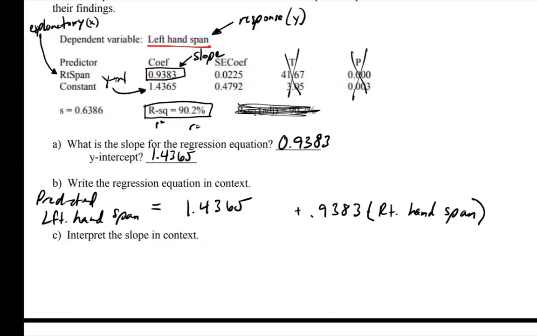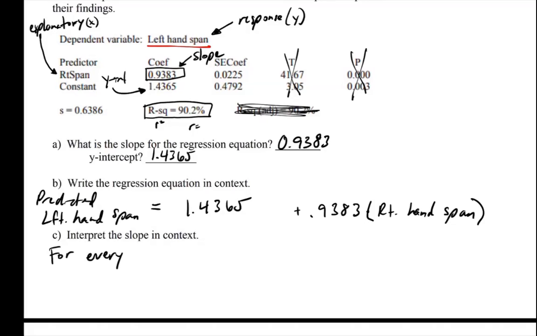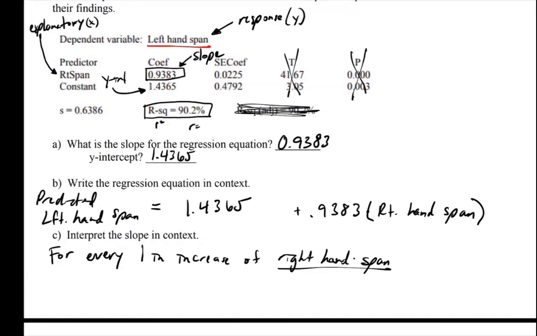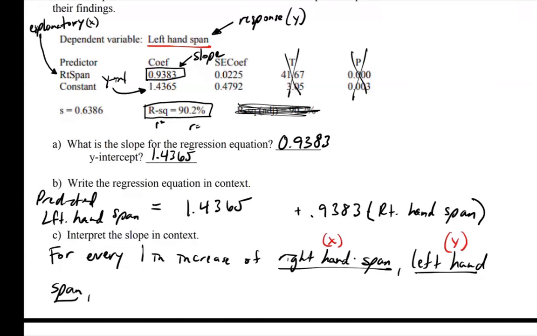So for every 1 inch increase of right hand span, that's x, left hand span, that's y, will increase.